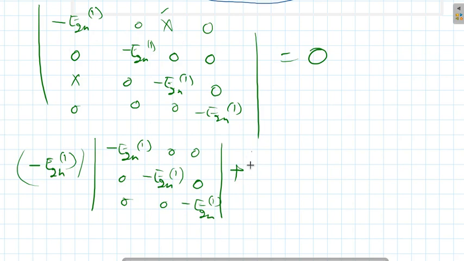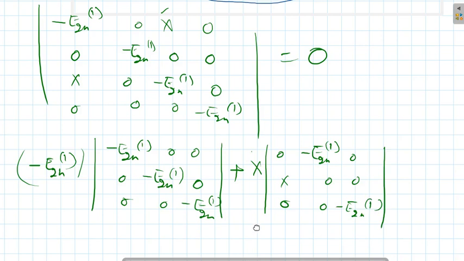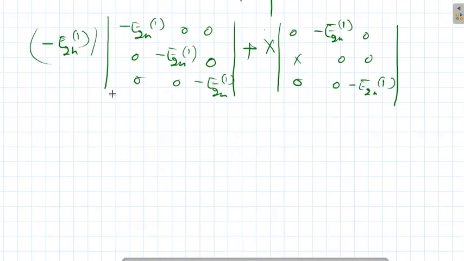So it is x, and if I did this, then it will be minus 0, E2 and 1, 0. It is x, 0, 0, 0, 0, minus 2 and 1, and this is the determinant. So it is a diagonal matrix, so that means minus E2N1 whole raised to power 4.